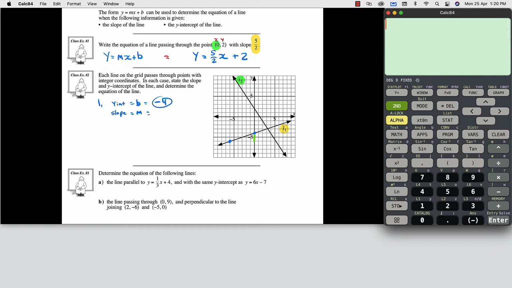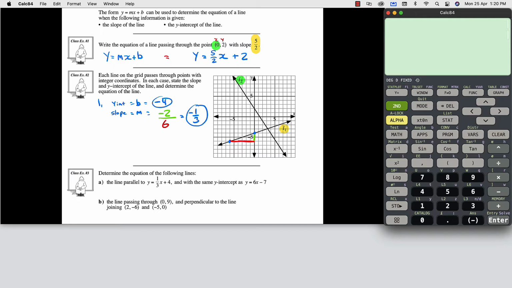Well, I went down 2, so that'd be -2 over, and how far am I going over? 1, 2, 3, 4, 5, 6. So I'm going over 6 to get to that point. -2 over 6 can be simplified to -1 over 3. So that is going to be our slope for line number 1.